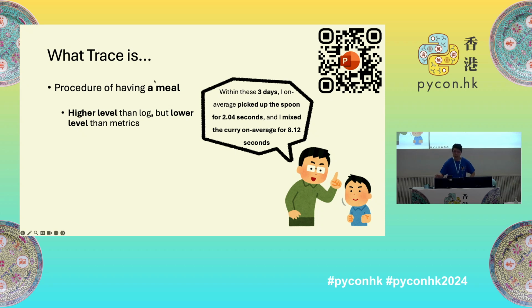A trace has a higher-level view than a log, but it is much lower level than a metric, because for the metric you aggregate a lot of data, while with a trace we have the procedure of the process, but not in great detail. A trace records the procedure of an event, as I mentioned.